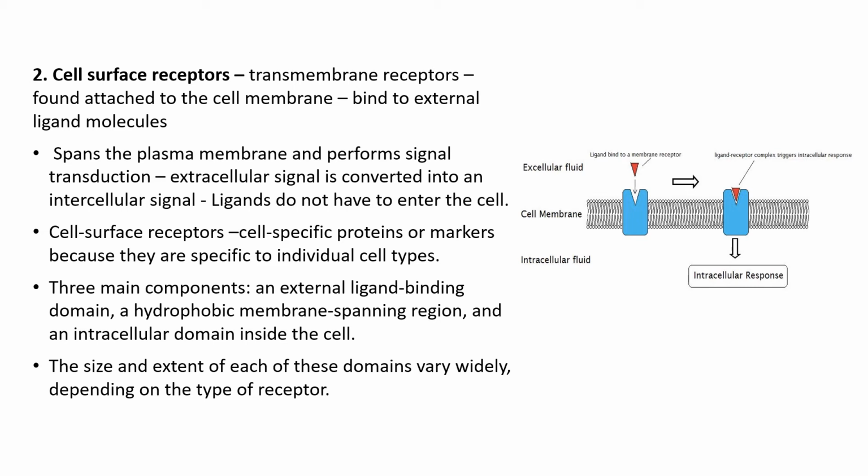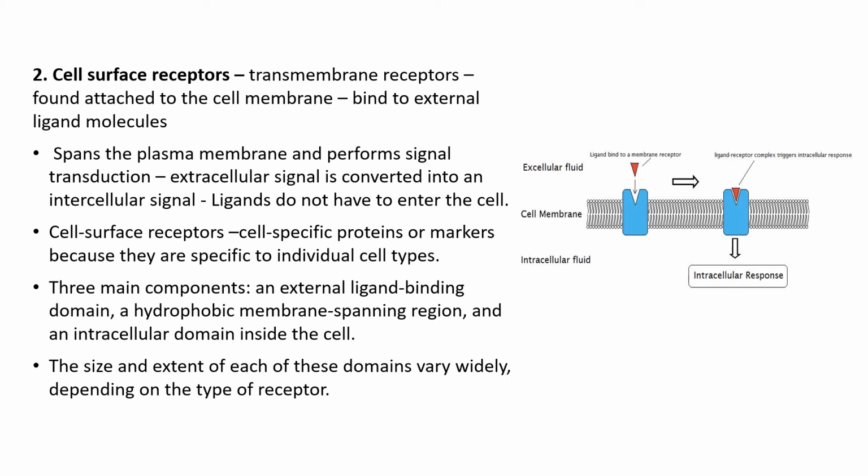This kind of receptor spans the plasma membrane and performs signal transduction, where an extracellular signal is converted into an intracellular signal, thereby implying that the ligands do not have to enter the cell. The cell surface receptors, which are also called cell surface proteins or markers, are specific or unique to individual cell types.